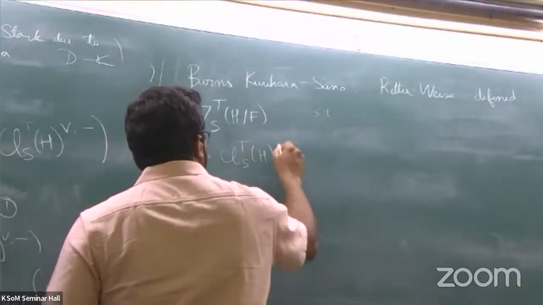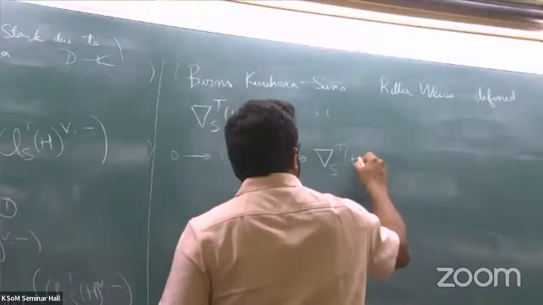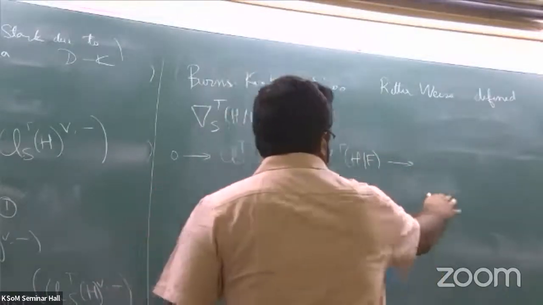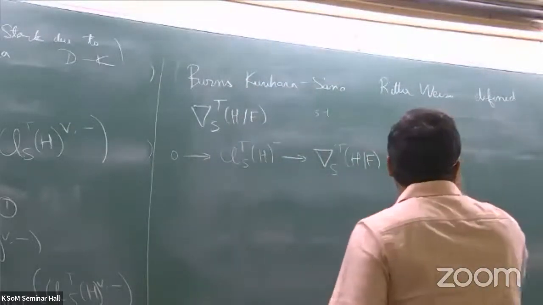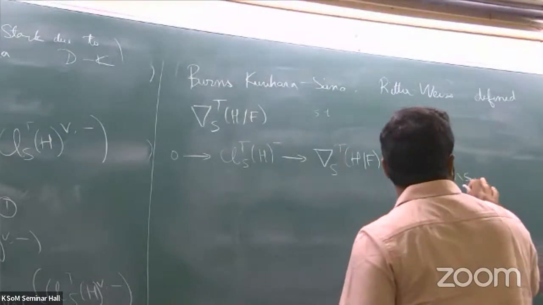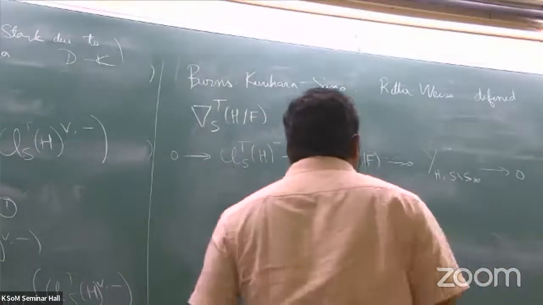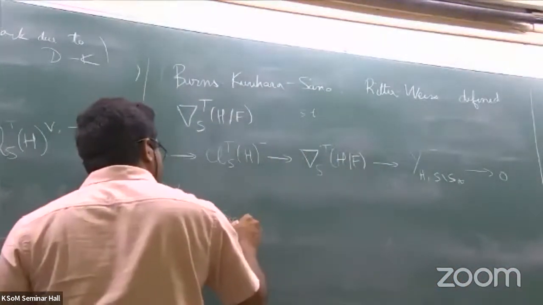CLTSH minus nabla STHL. So it's an extension of something here by the class group. And what is that something? So this is H S minus S infinity. So S infinity minus what is YH to Y S minus S infinity.